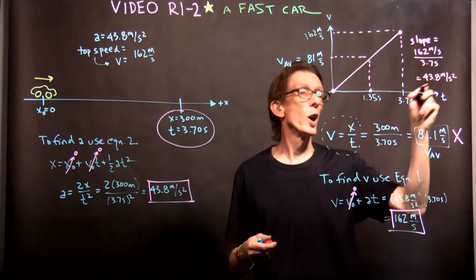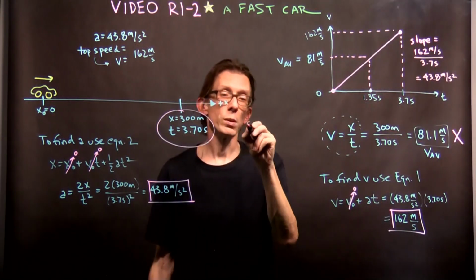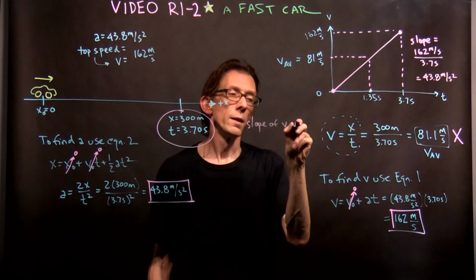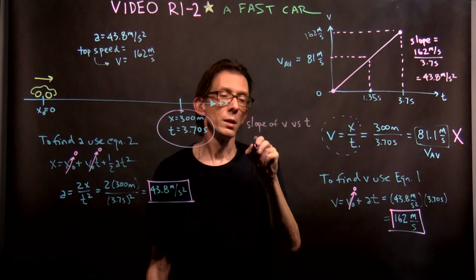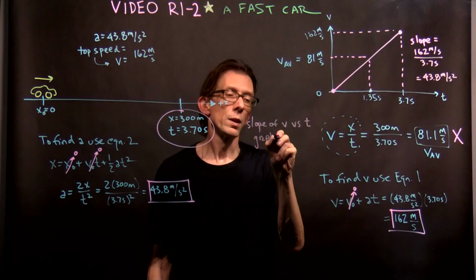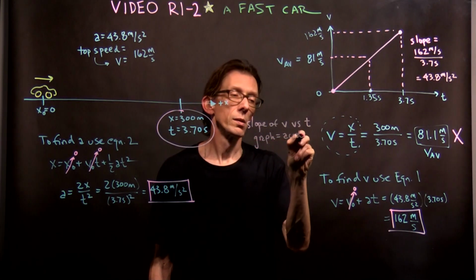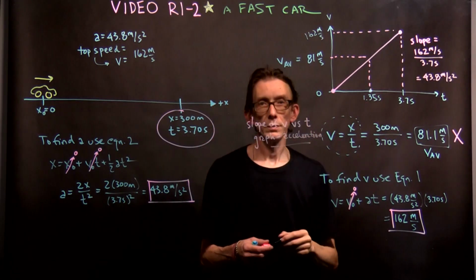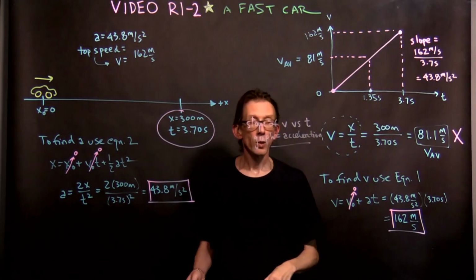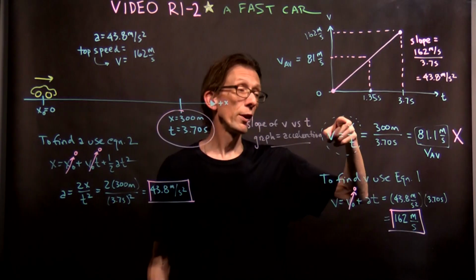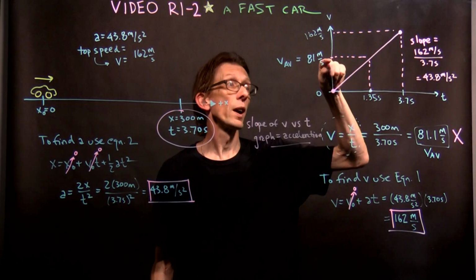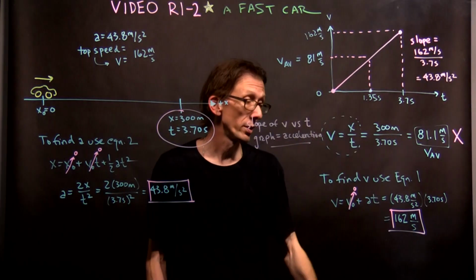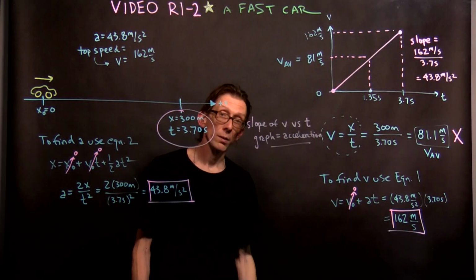In other words, the slope, and I've said it before, the slope of a v versus t graph equals the acceleration. So what you're doing when you use the simple v equals x over t is you're finding the average velocity, which is halfway between your initial, which is 0, and your final, which is 162. And that is the final answer, 162.